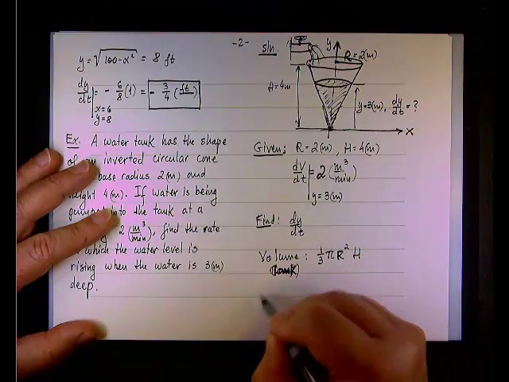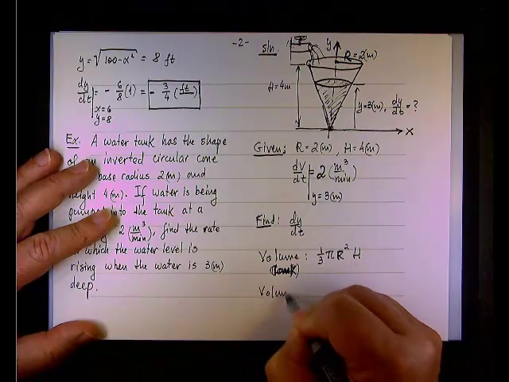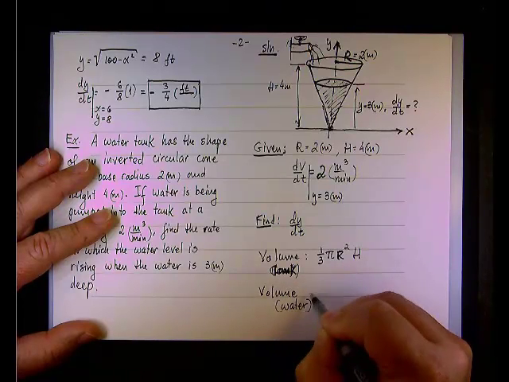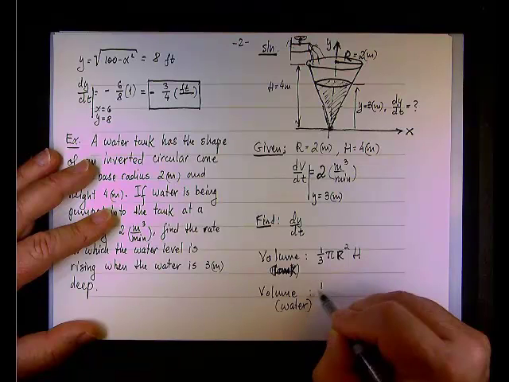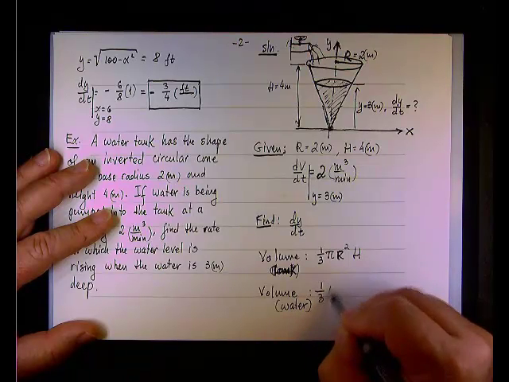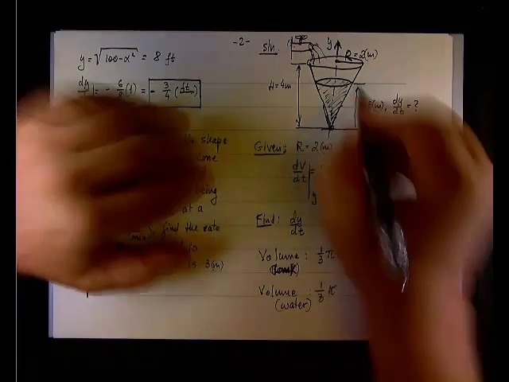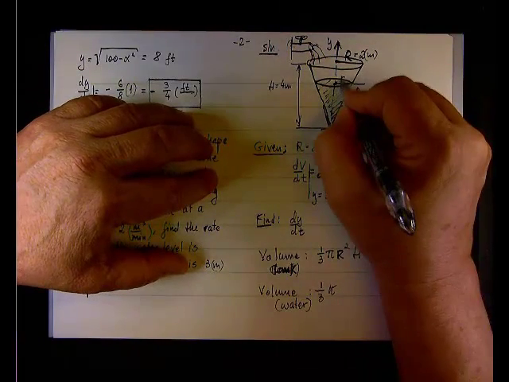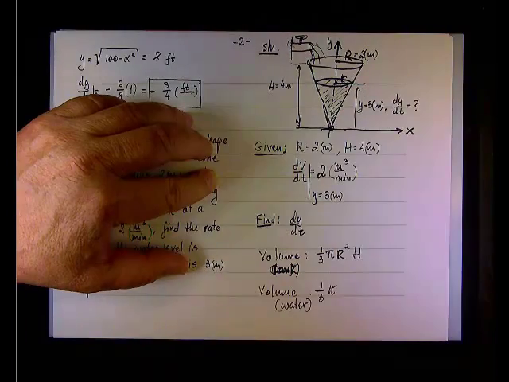On the other hand, if I want to find out the volume of the water, I need to change something. It's still going to be 1/3 pi, but r will be the radius of this circle right here. This is r.